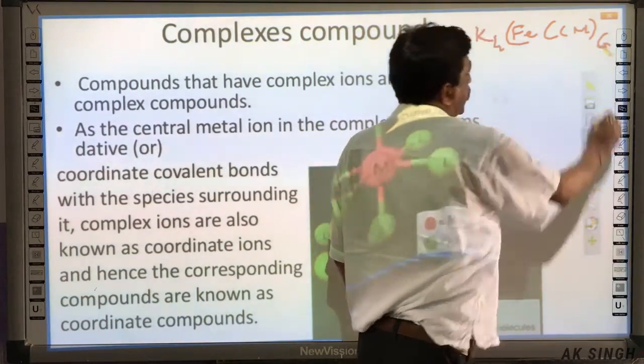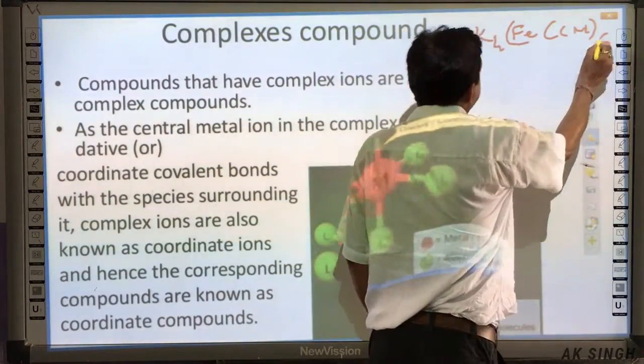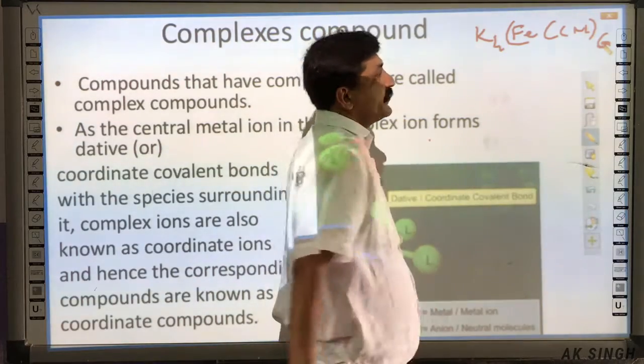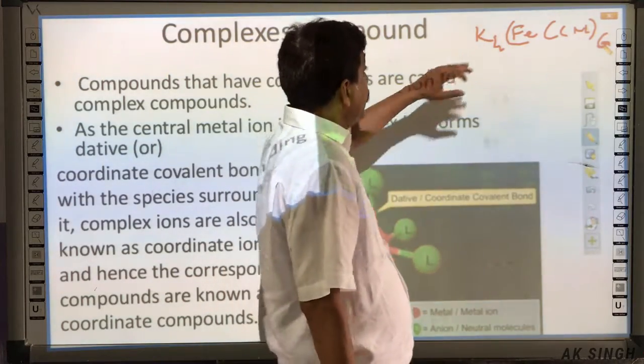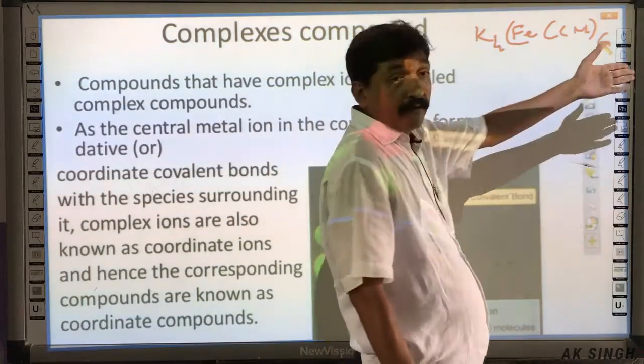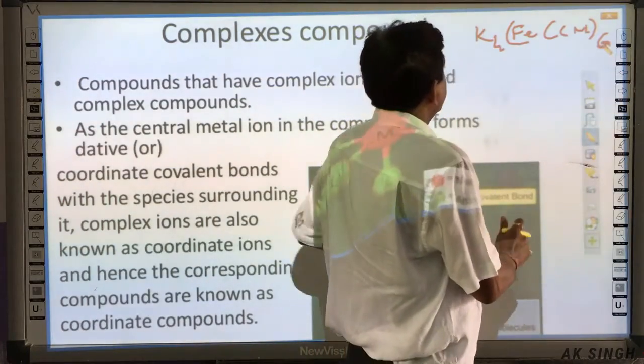So this is one example of a complex compound or coordinate compound, K4[Fe(CN)6], potassium ferrocyanide, what you have just studied.